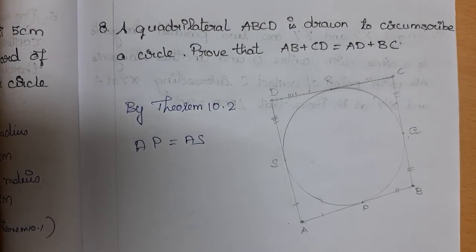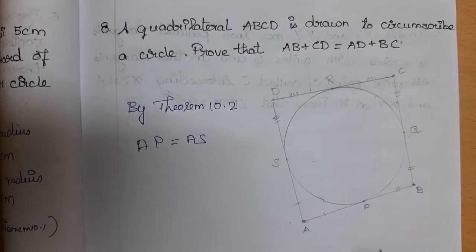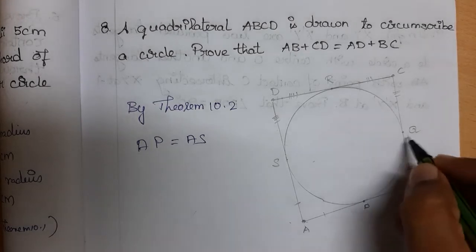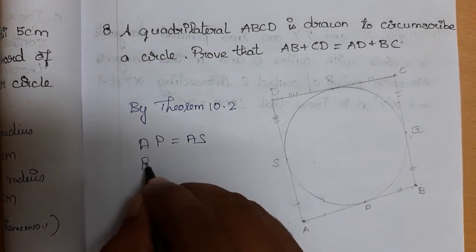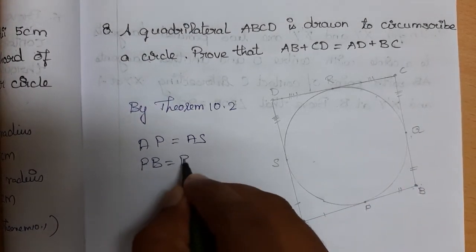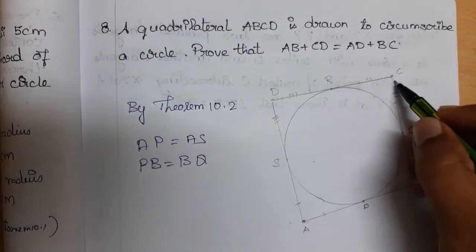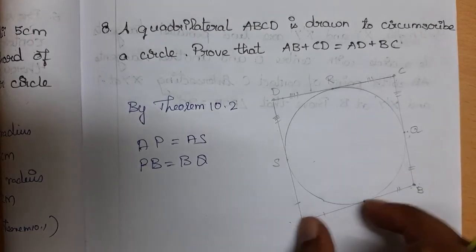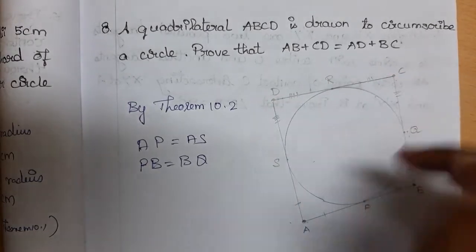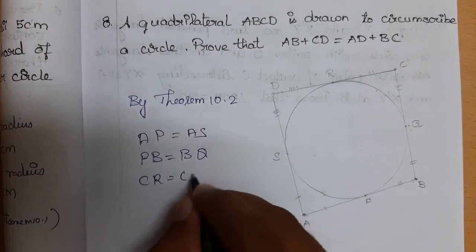Another, we can say that PB is equal to BQ. Here we can say CR is equal to CQ.